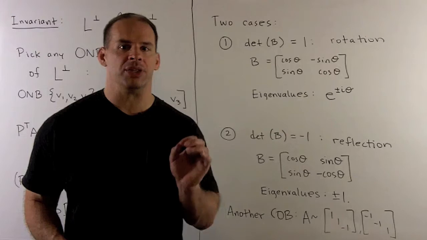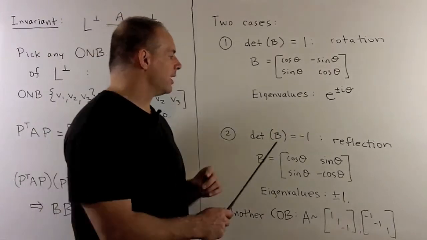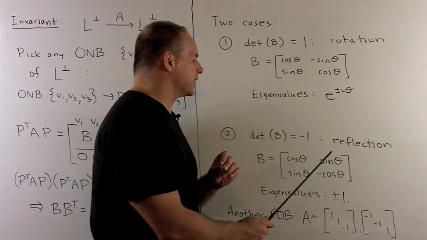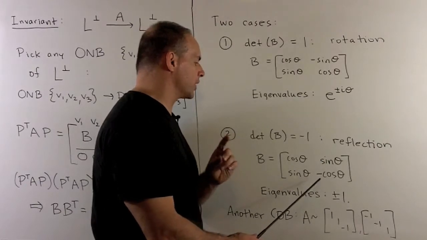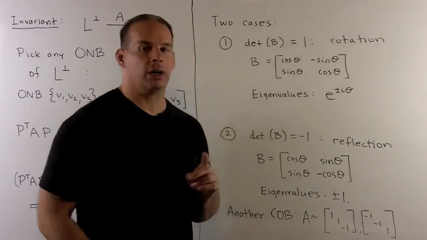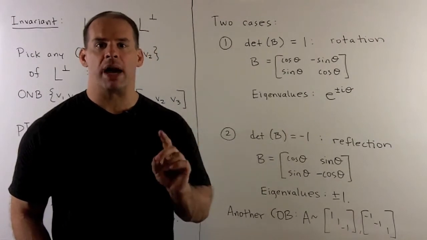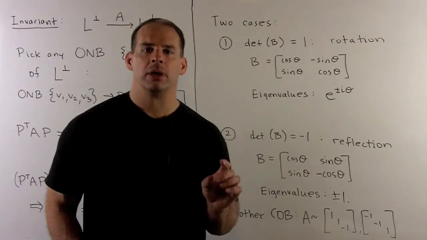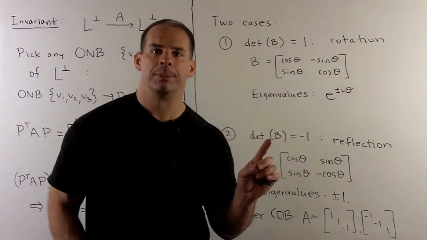If the determinant of B is equal to -1, then B is a reflection, and B can be put in the form cosine theta, sine theta, sine theta, minus cosine theta. Here, the eigenvalues are plus minus 1, so A will have all real eigenvalues, plus minus 1 and c.